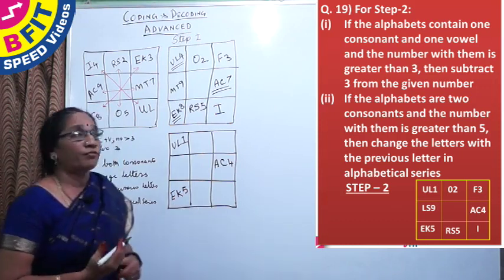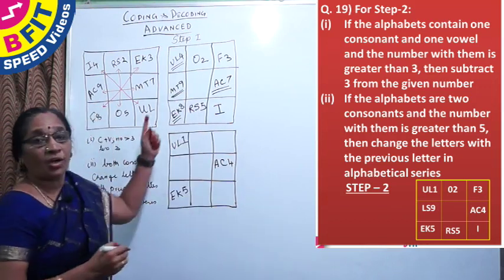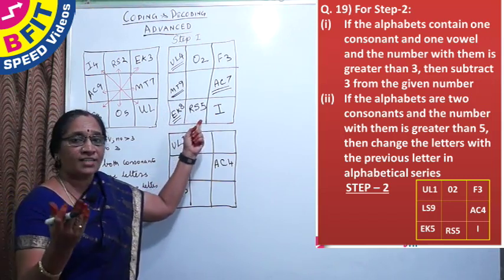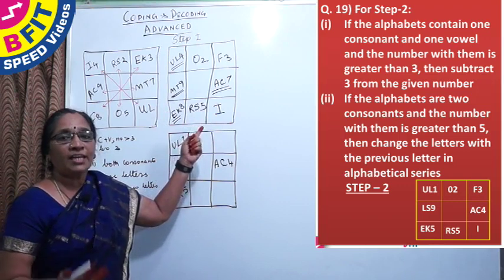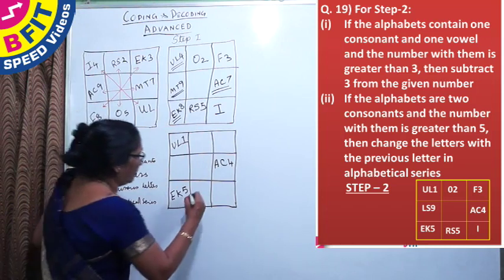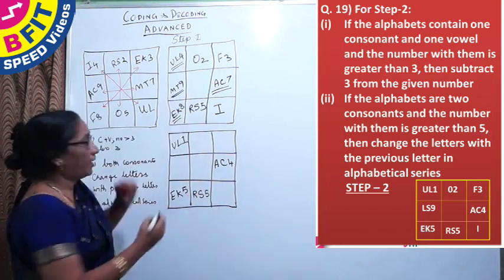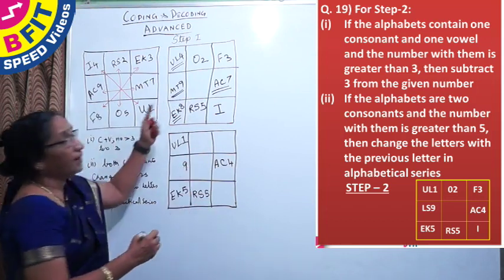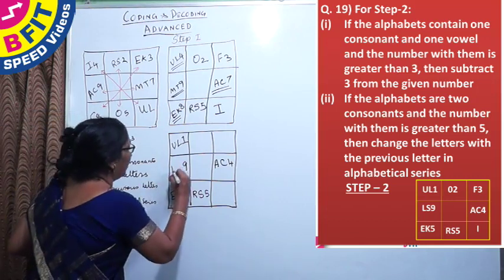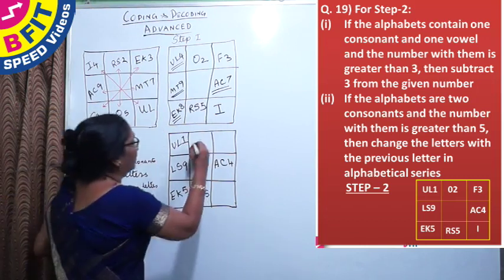Now, the second set of rules, we can change only MT9 because RS5 is not; the given rule is that we have to change only if the number is greater than 5. So RS5 remains as such. For MT9, the number remains as such. M and T change to the previous letters in the alphabetical series, that is L and S. The others are to be copied as such.